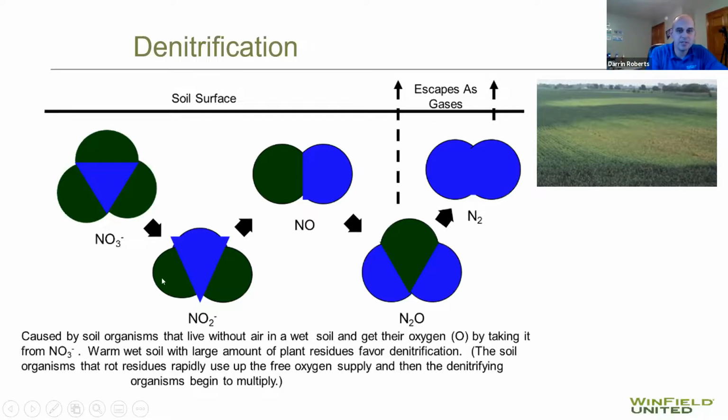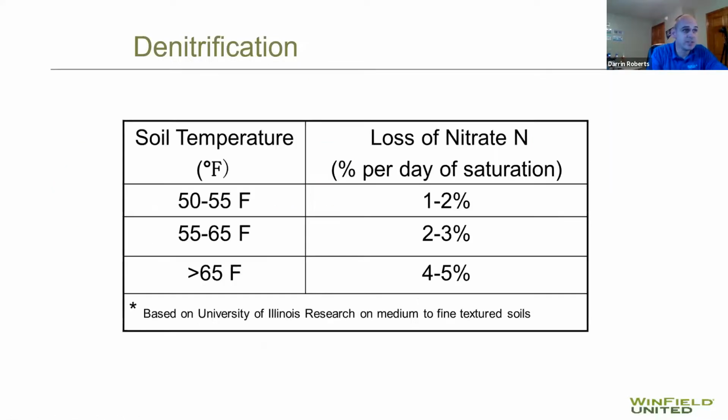Okay, and so you'll see, they convert it over to nitrite, then this nitric oxide, eventually nitrous oxide, and that's the greenhouse gas that I mentioned before, as well as this dinitrogen gas. Okay, and so once they've converted it to these forms, then it's pretty much a gas, and it's volatilized off. Okay, and so that's the issue in saturated soil conditions.